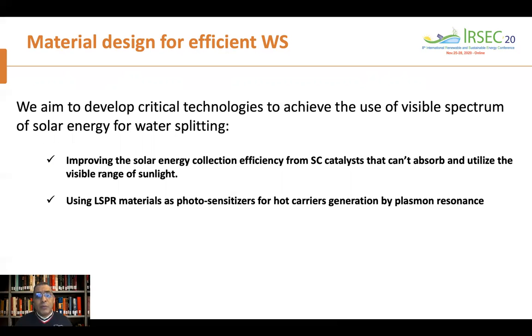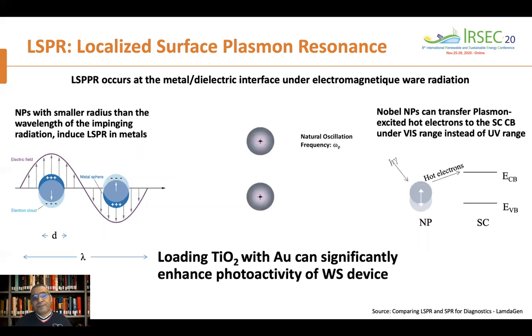At the same time, we have to load the semiconductor material with something like LSPR materials, metals, localized surface plasmon resonance materials, as photosensitizers to generate hot electrons by plasmon resonance. Hopefully these hot electrons can be injected into the conduction band of the semiconductor, and then be used for continuous water splitting.